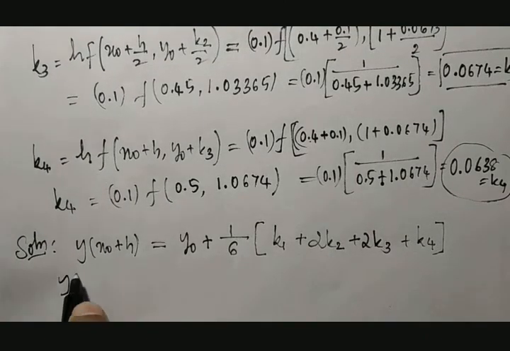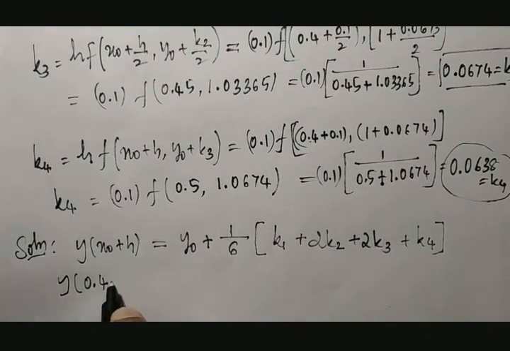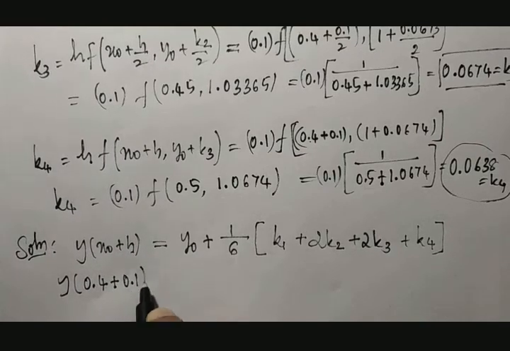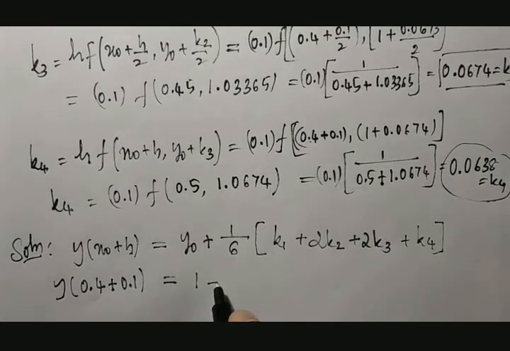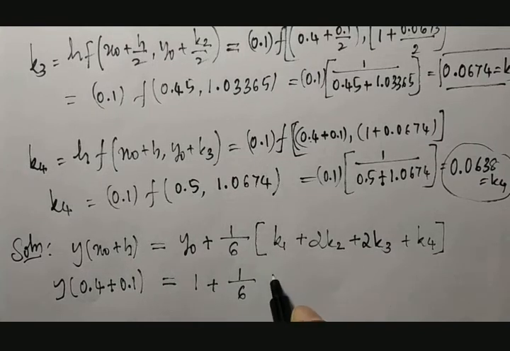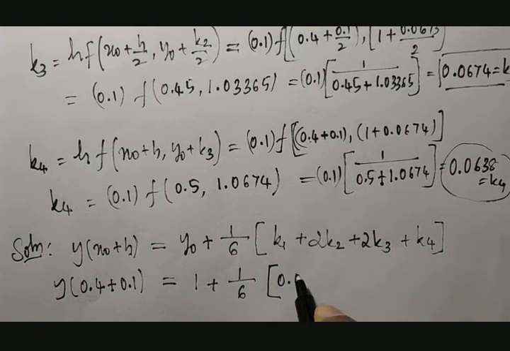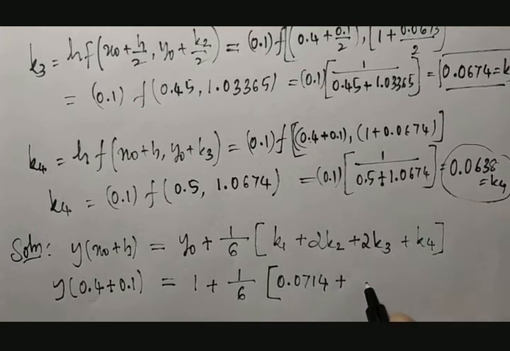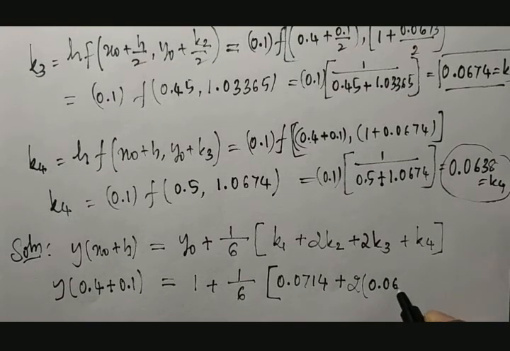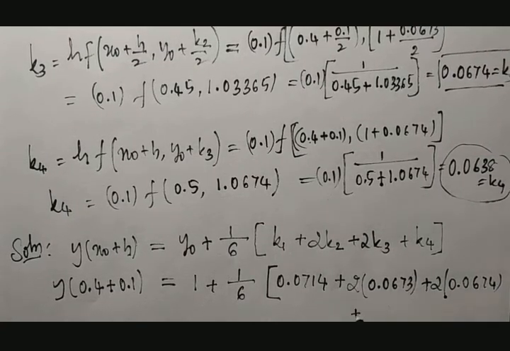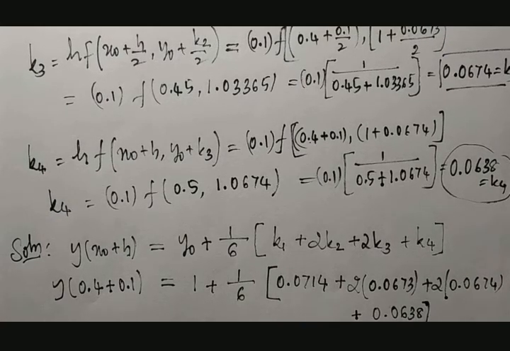So y of x naught, 0.4, plus h, 0.1, is equal to y naught, 1, plus 1 by 6 into K1, which is 0.0714, plus 2 times K2, which is 0.0673, plus 2 times K3, which is 0.0674, plus K4, which is 0.0638. Clear?